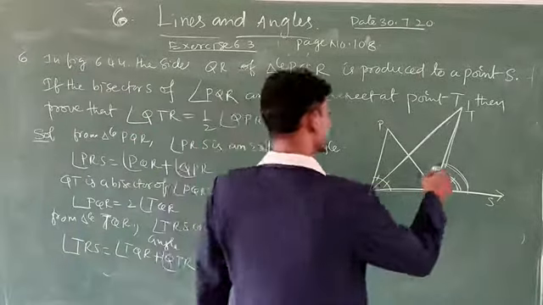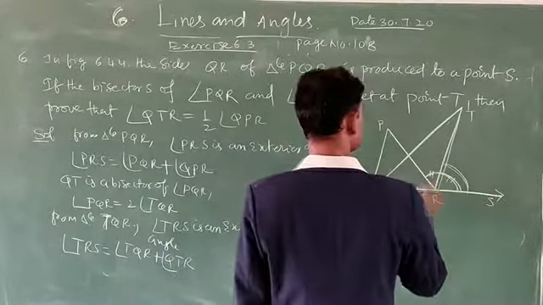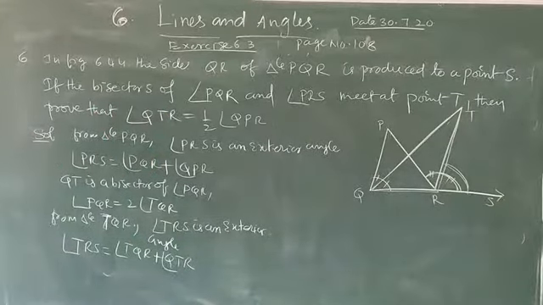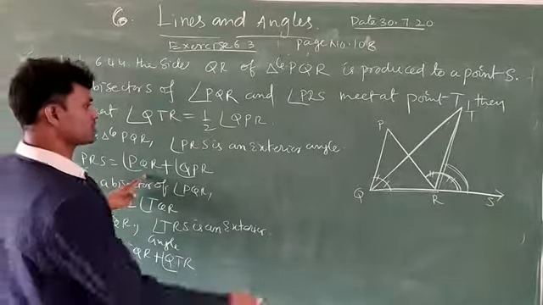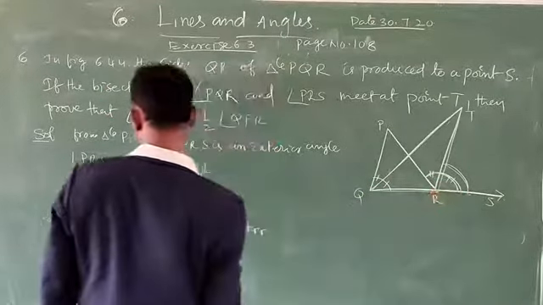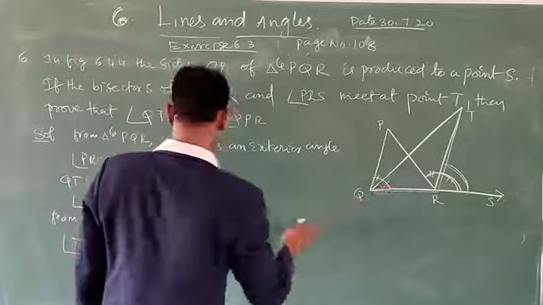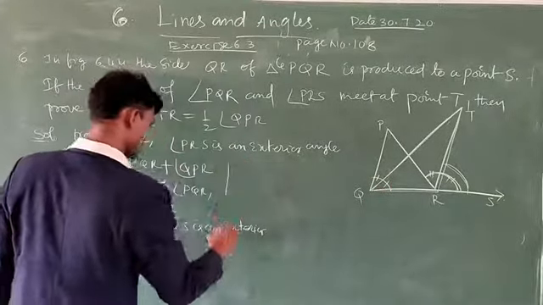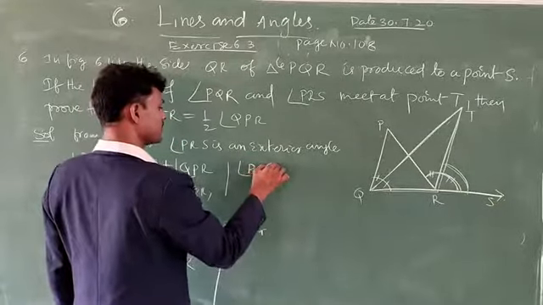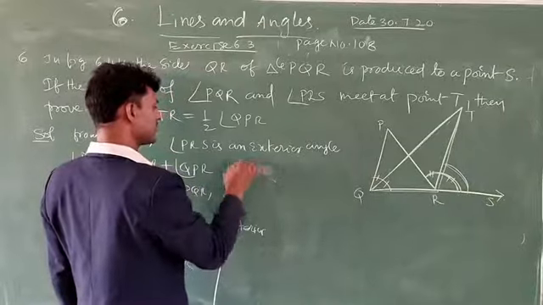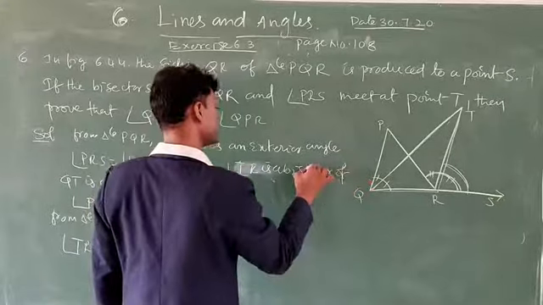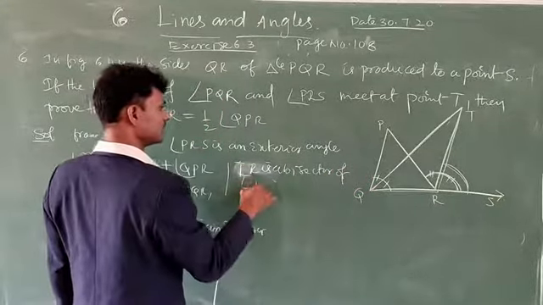Now see here. Actually, here PQR is equal. This is okay. Now the exterior angle is PRS. First you can write TR is a bisector of angle PRS.